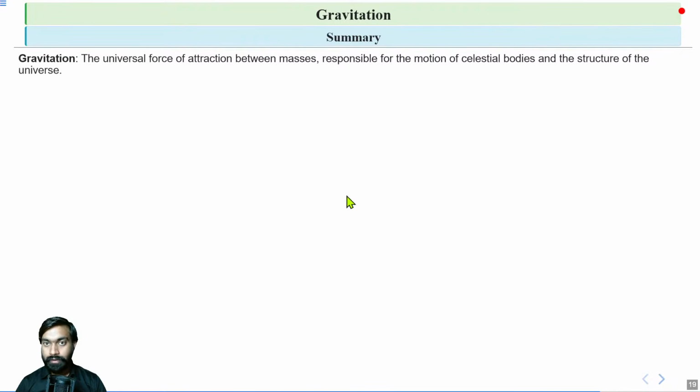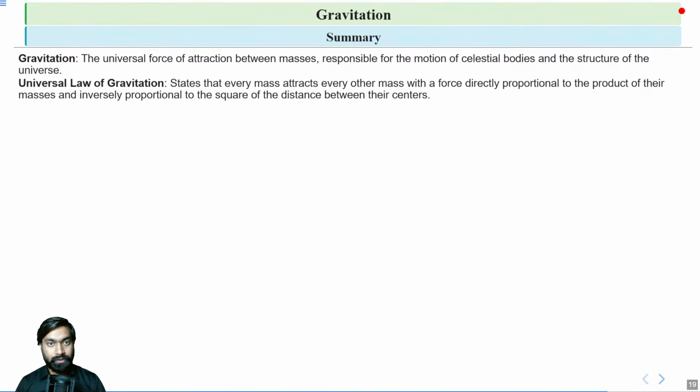So today we learned about gravitation, the universal force of attraction between masses responsible for the motion of celestial bodies and the structure of the universe. Then we discussed the universal law of gravitation, which states that every mass attracts every other mass with a force directly proportional to the product of their masses and inversely proportional to the square of the distance between their centers.